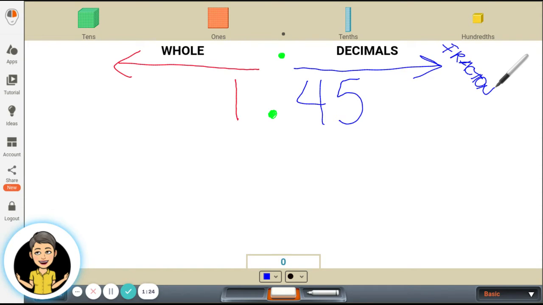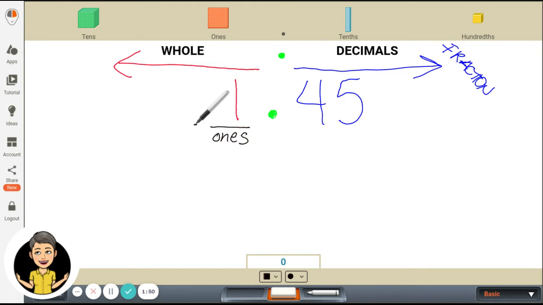So if you remember, when we were learning about place value, or when we were learning whole numbers, we learned that each digit that is part of a whole number has a place value. For instance, digit number 1 here is on the ones place.